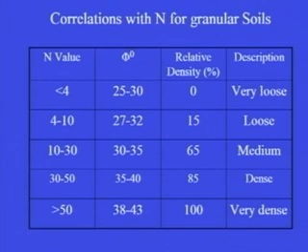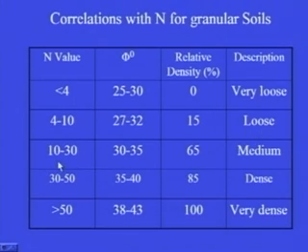Now, if we find that the corrected N value is less than 4, then phi can be taken between 25 to 30 degrees, and in that case relative density is 0, and it means the sand is in the very loose condition. Similarly, if it is between 4 to 10, then phi can be taken as 27 to 32, relative density is around 15%, it is described as loose sand.